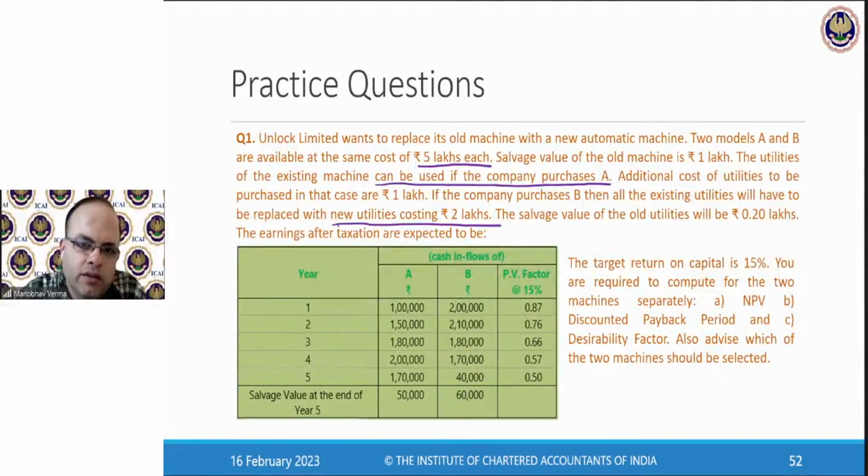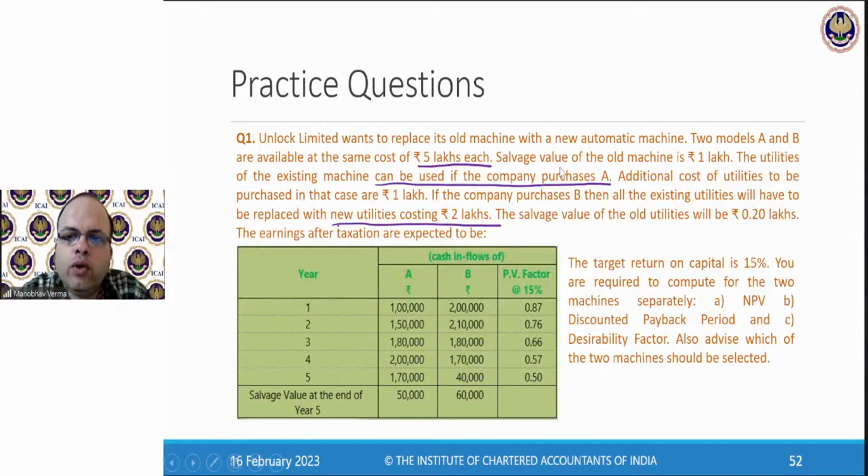They've given us the cash inflows for both machine A and B, and the target return on capital of 15%. We have to calculate the NPV of the two machines separately, along with discounted payback and desirability factor or profitability index, and advise which one to select. Dinesh, you were missing this kind of question, where we are not looking at anything incremental. We are just comparing these two machines.